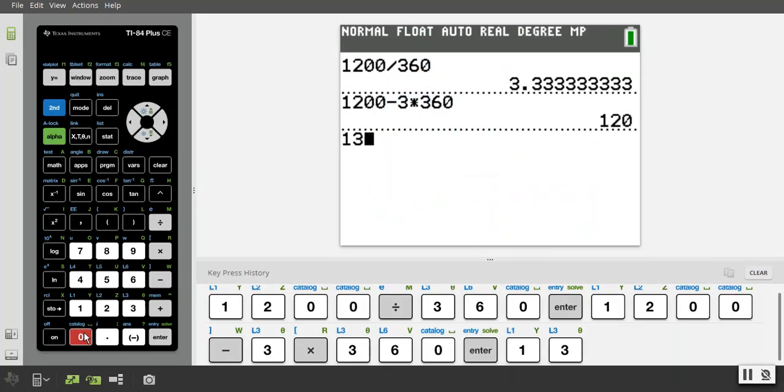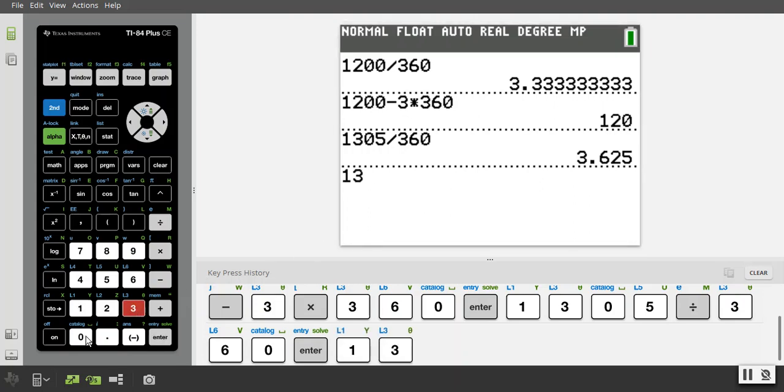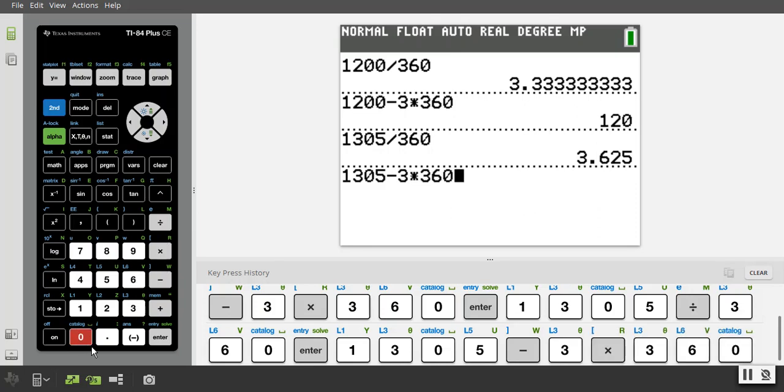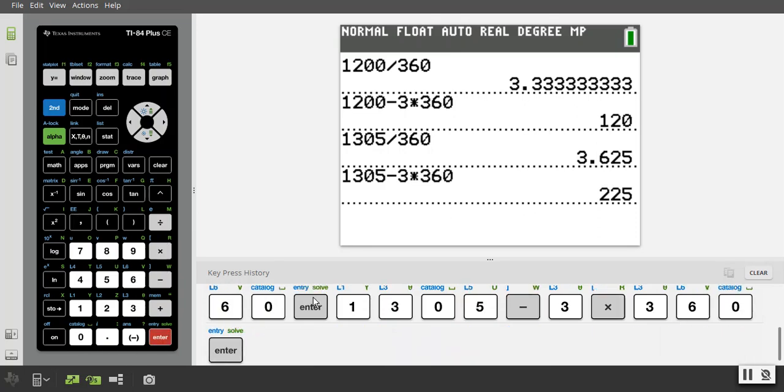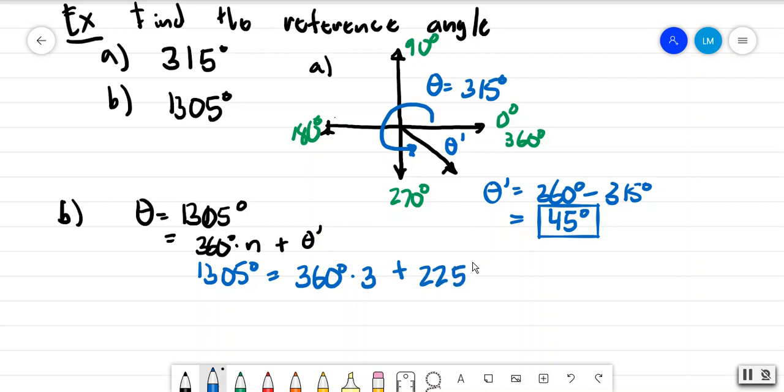Let's take 1305 and divide that by 360. That tells me that I need to round down to 3, so you take 1305 minus 3 times 360, and it's 225. So we are figuring out that 1305 is equal to 360 degrees times 3 plus 225 degrees.